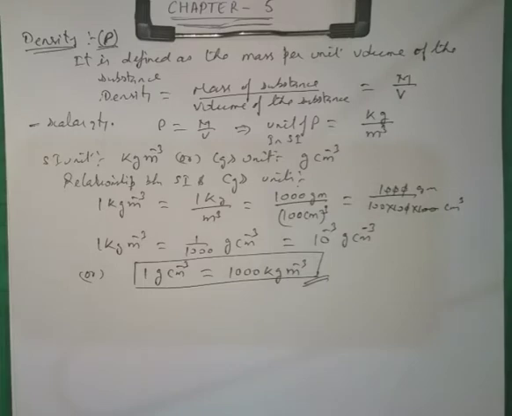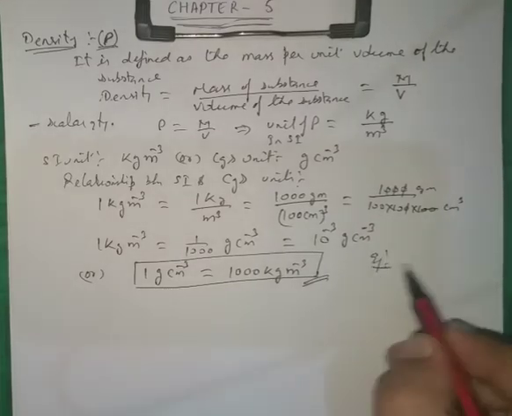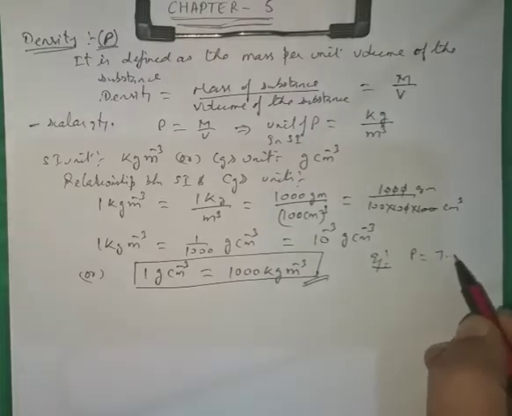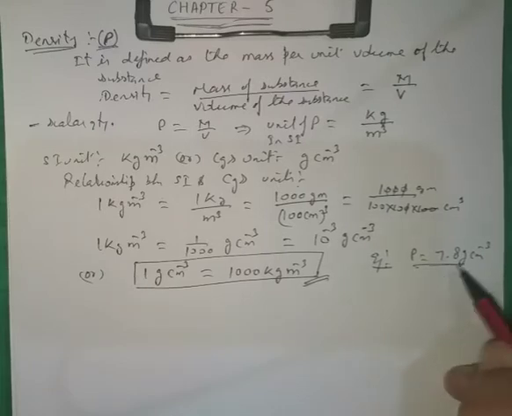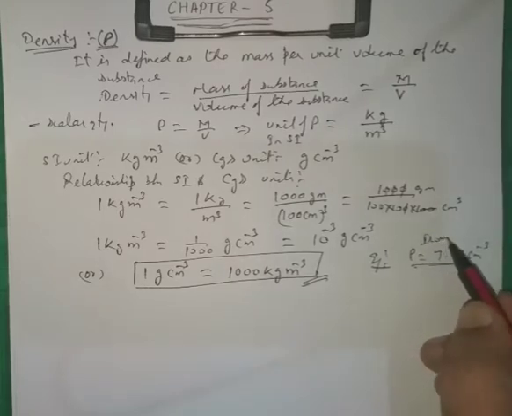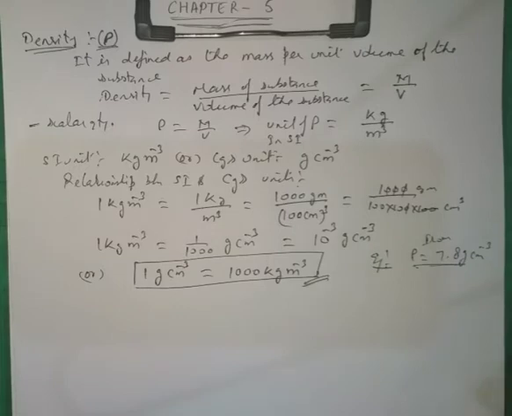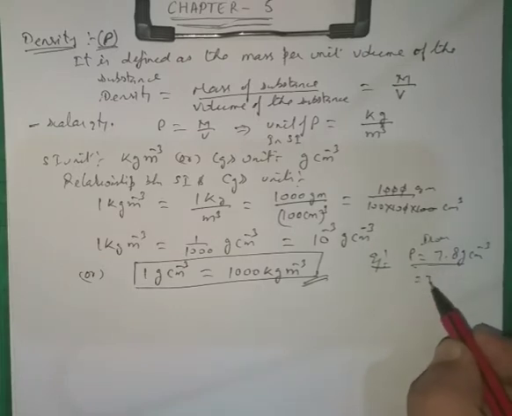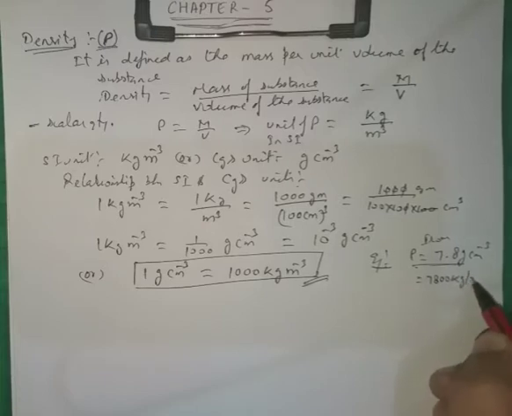If I say that the density of iron is 7.8 gram per centimeter cube, what is the meaning of this? It means that if I take 1 centimeter cube volume of iron, then it will have 7.8 gram mass, or this can also be written as 7800 kg per meter cube.